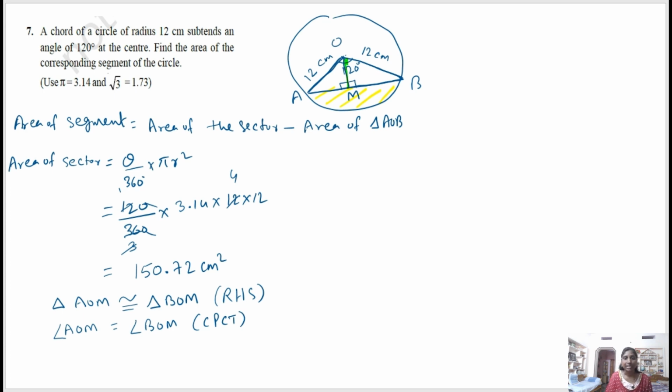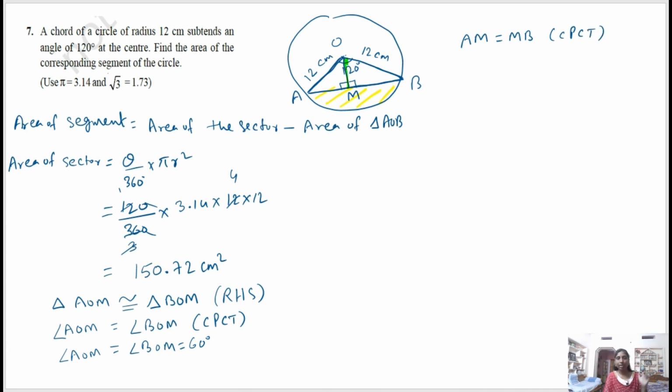Both will be equal to 120 by 2, which is 60 degrees. And we can also write by CPCT, AM is equal to MB. This is also CPCT.